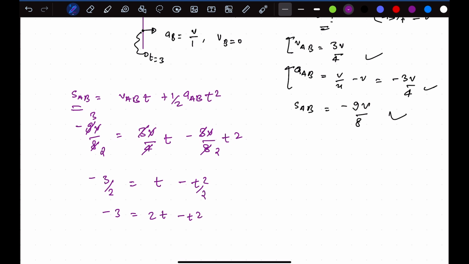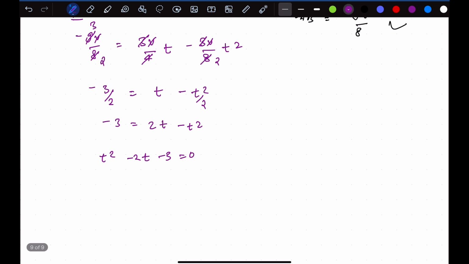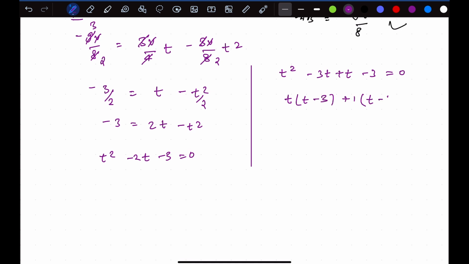So basically we are getting t square minus 2t minus 3 equals 0. If we solve it, t square minus 3t plus t minus 3 equals 0. So (t minus 3) and (t plus 1) equals 0. Basically the root would be t equals 3 seconds.